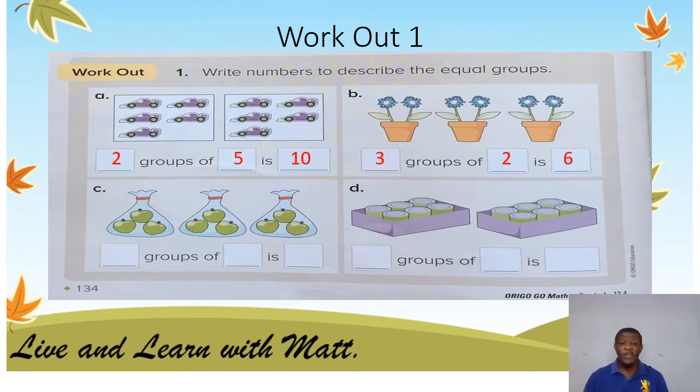Part C. 3 groups of 3. That's correct. 3 groups of 3 is 9. And part D. We've got 2 groups of 6. That's correct. 2 groups of 6 is 12. Good job, guys. Now let's go on to workout number 2.